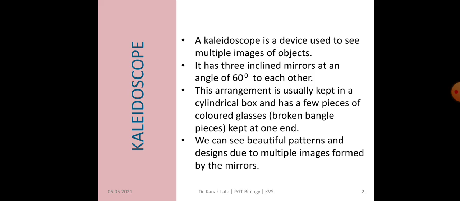These 3 mirrors are joined in such a way that they are inclined at an angle of 60 degrees to each other. Now this arrangement is kept in a cylindrical box, and a few pieces of colored glass, or you can keep broken bangles also, are kept at one end of the kaleidoscope.